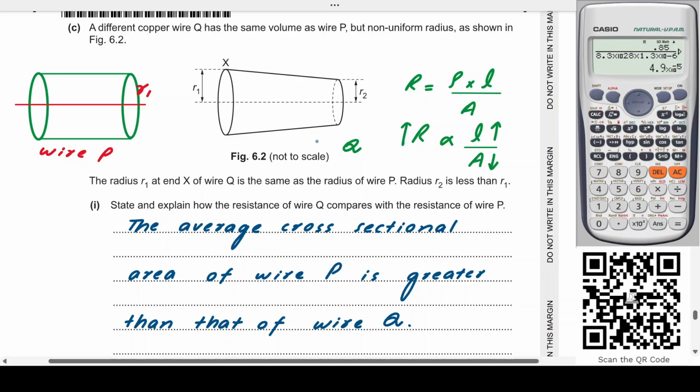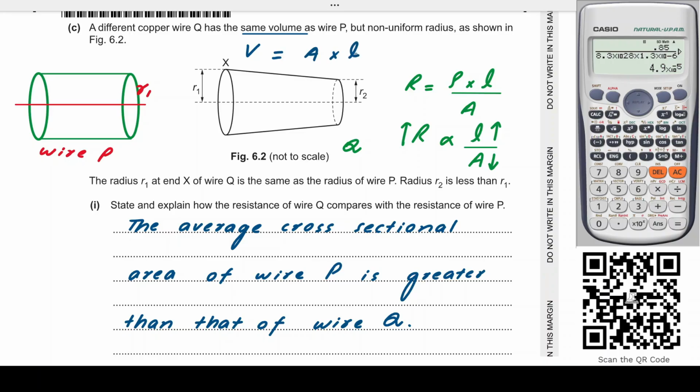But what about the length? You see, the resistance also depends on length. So which of these two is longer? The answer is this one. The wire Q is longer because the wire Q has smaller cross-sectional area on average, but the volume is the same. So volume equals area times length.